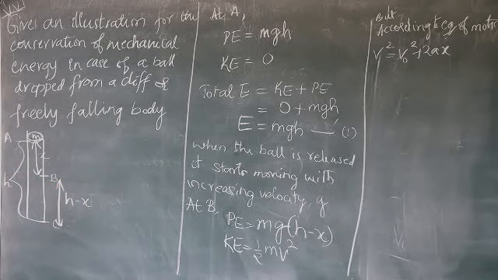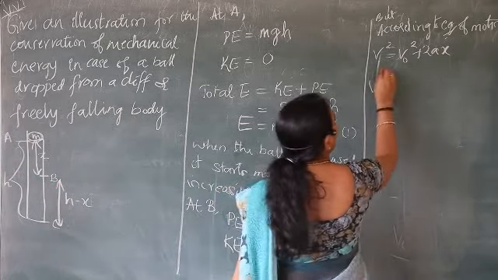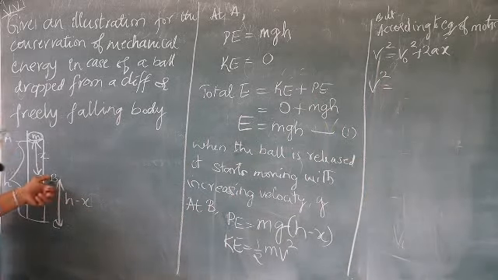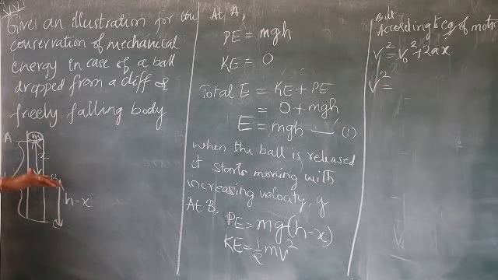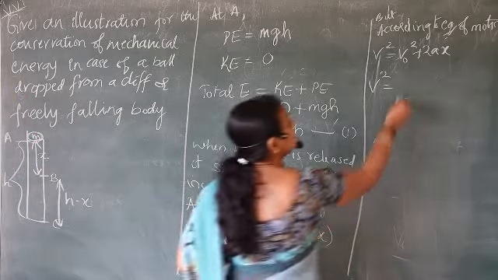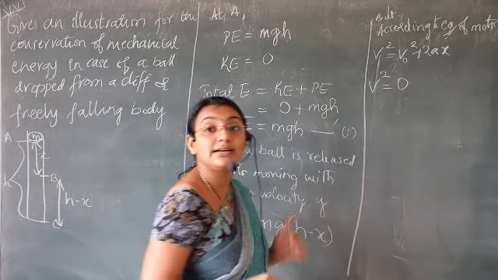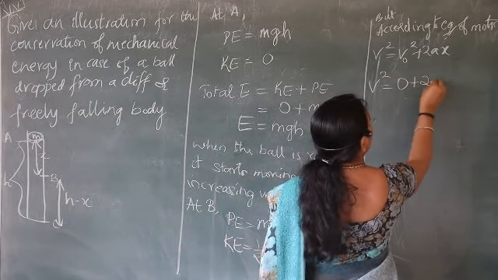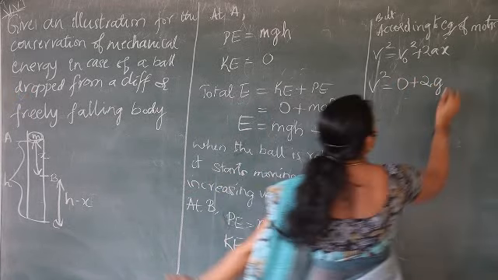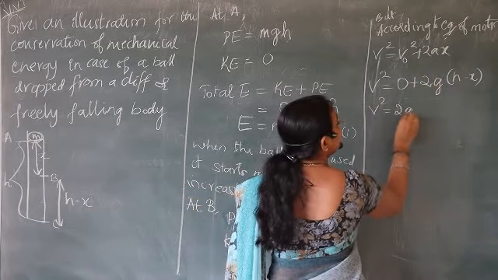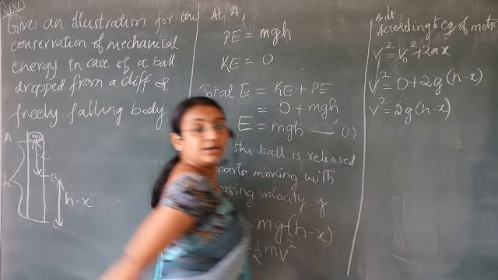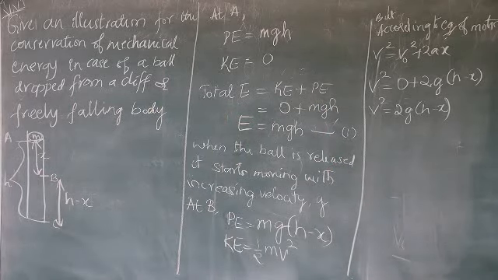Then what do we get? v square is equal to, from up to down it is coming down, initial velocity is 0 because initially the ball was at rest, plus 2g, height is h minus x. So can I write v square is equal to 2g(h minus x)?